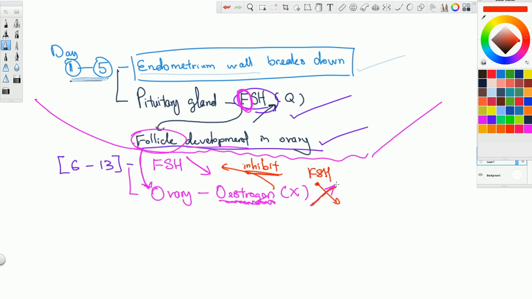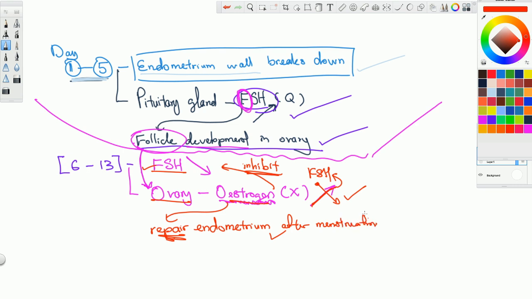Because this hormone stop the FSH production. Okay, so from day 6 to day 13, you can mention, okay, FSH drop, ovary secrete estrogen, here increase, and estrogen is to repair endometrium. Repair endometrium after menstruation. Means after period. Okay, so here also 1 point.